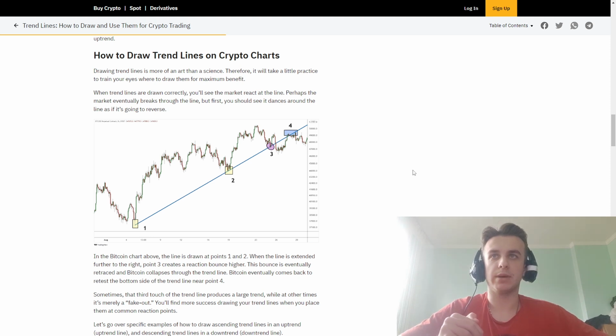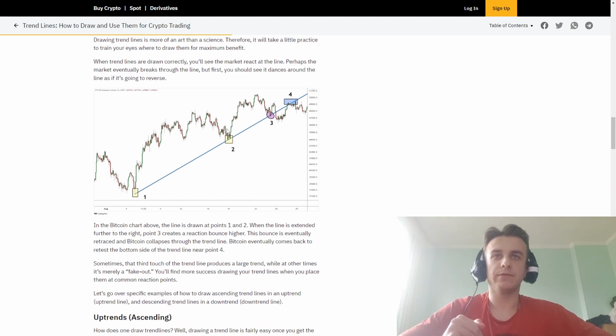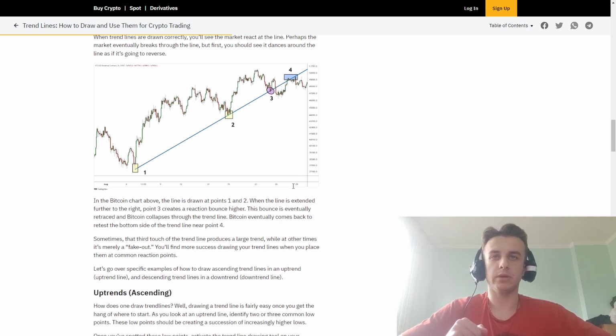Perhaps the market eventually breaks through the line, but firstly you should see it dance around the line as it's going to reverse. You can check 1 point, 2 point, 3 point, and 4 point. It's just under the trend, under one, and under again. It's just higher right now.